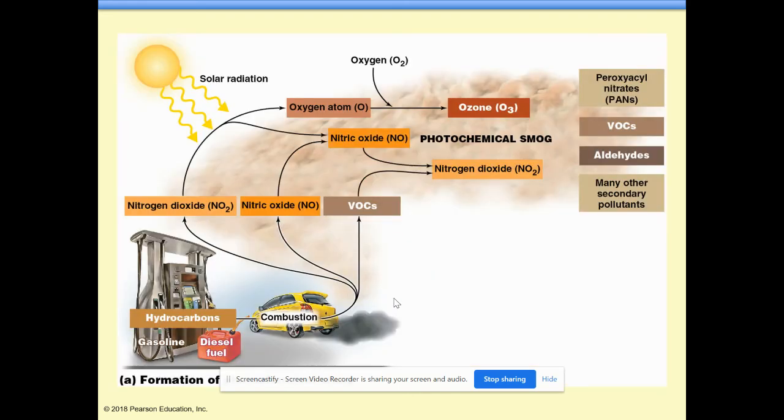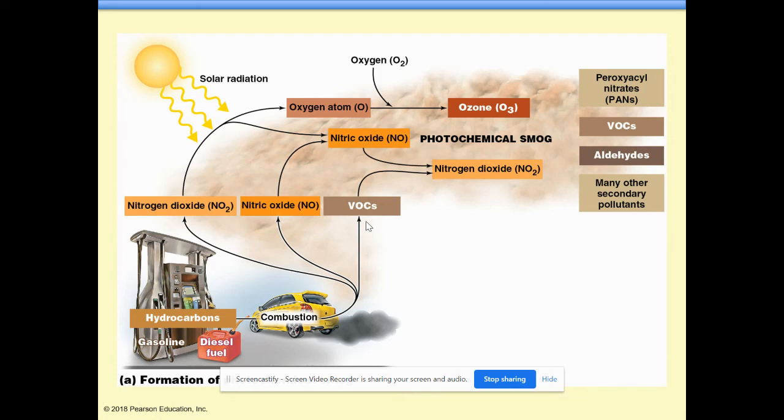This is the process of making photochemical smog. It's important that we understand this process. It starts with the burning of gasoline and diesel in cars. What that does is it produces VOCs and nitric oxides, nitrogen dioxide. Now, we've reduced the amount of these three things, NO2, NO, and VOCs, with catalytic converters. But not all.